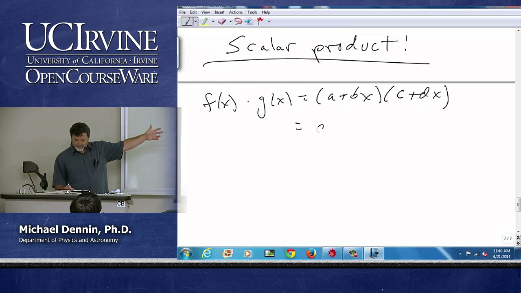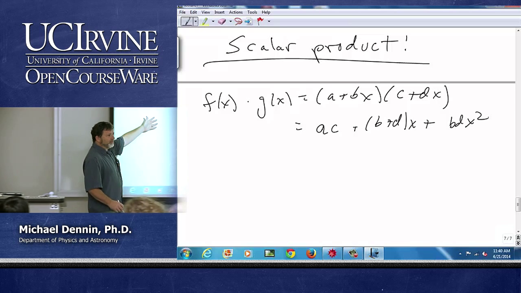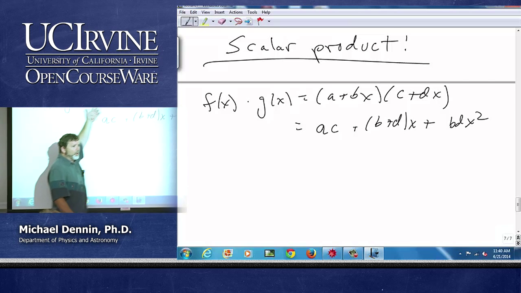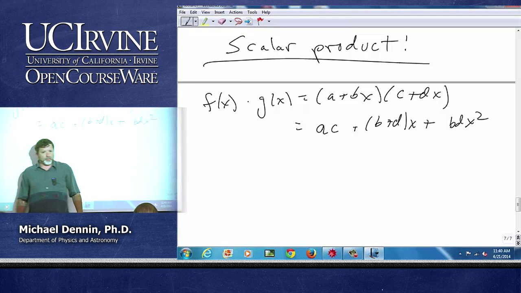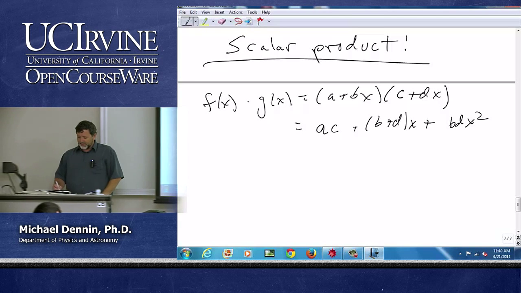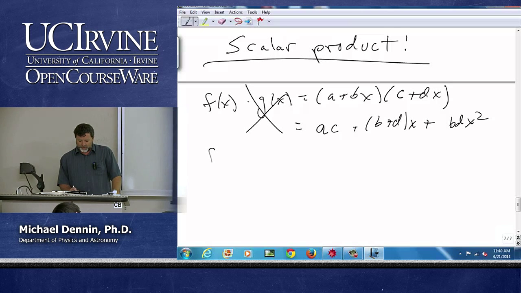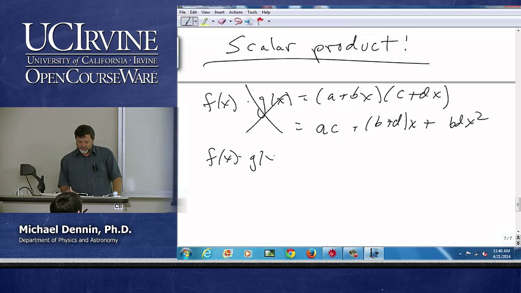AC plus B plus Dx plus BDx. Is this either a scalar or a vector? No. So normal multiplication gives me something that's unrelated to anything I've been talking about. It gives me a quadratic. So that cannot be the dot product. So f of x times g of x cannot equal fg.